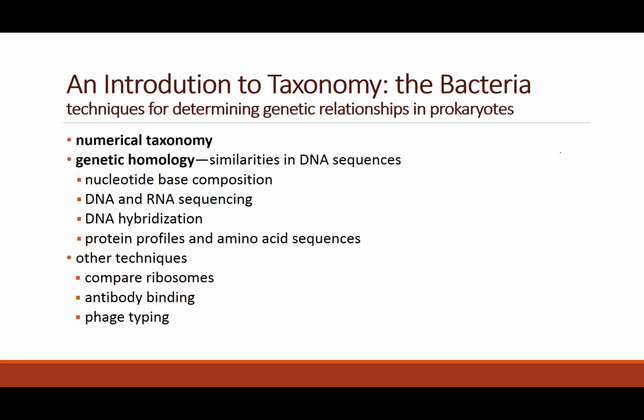One category is numerical taxonomy, and the other is looking at genetic homologies. Numerical taxonomy we're going to hit in this lecture. Then genetic homologies, we'll introduce the idea, and then we'll really unpack that in the next lecture.